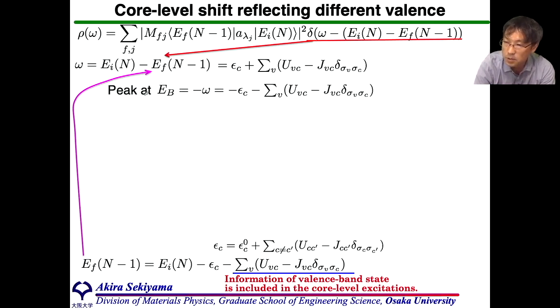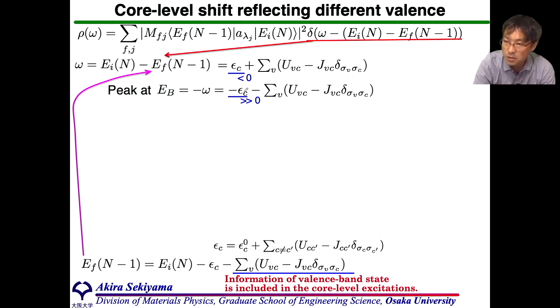From this formulation, we can notice that peak binding energy is a minus of omega and this one. So it should be noted that this state is negative and therefore the sign is split. Okay? So the peak binding energy is always positive for the occupied state.